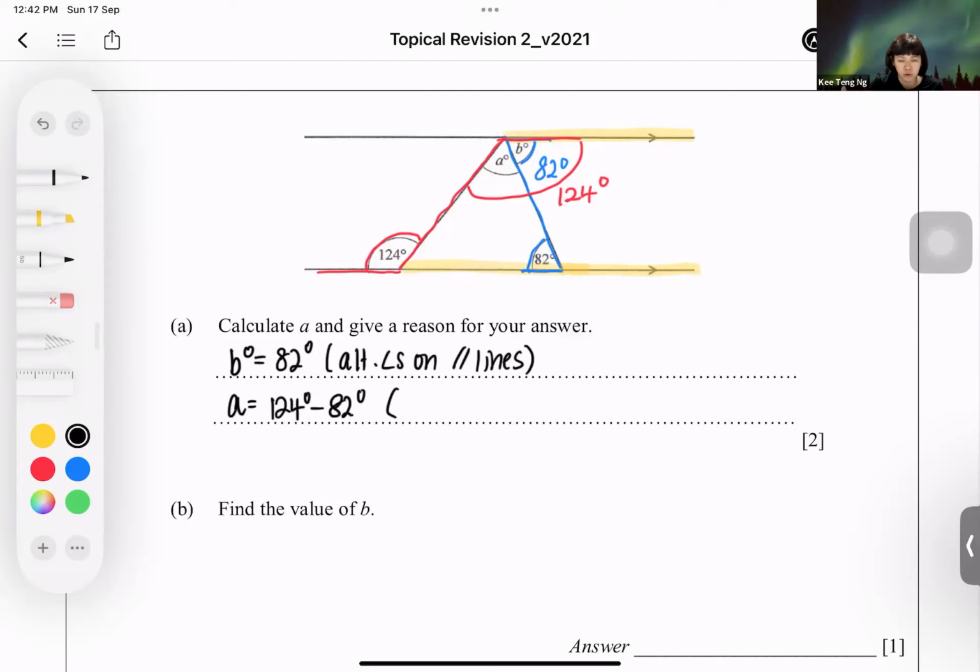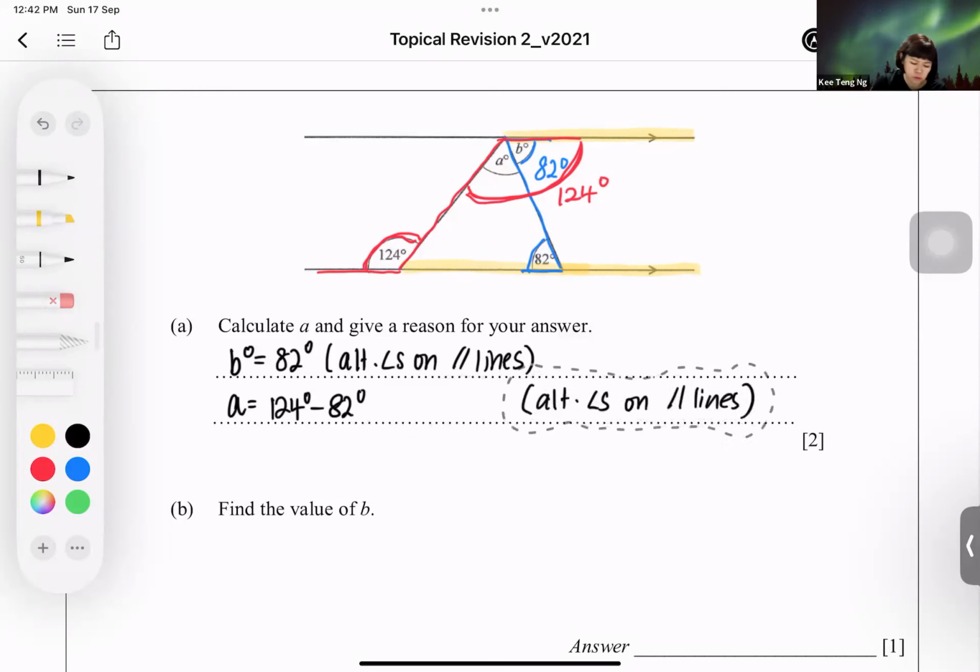How do I know it's 124? The red one, this angle over here, they are also alternate angles on parallel lines. So angle A equals 124 minus 82, 42 degrees.